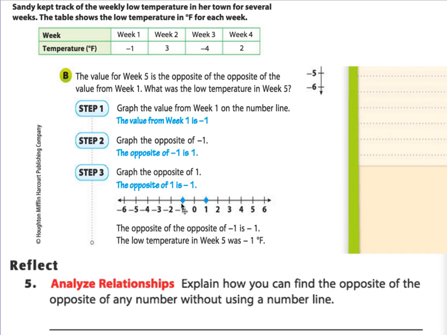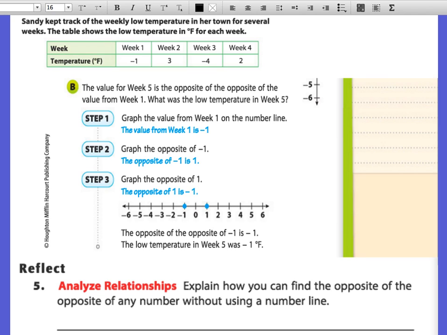So if you think about it, there's only 2 directions on a number line, either right and left or up and down. And since there's only those 2 directions, and it has to be the same distance away, the opposite of the opposite, so we're looking at number 5 here, explain how you can find the opposite of the opposite. It has to be the same distance and the opposite direction of the opposite.